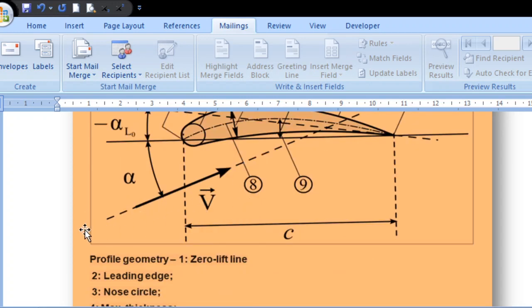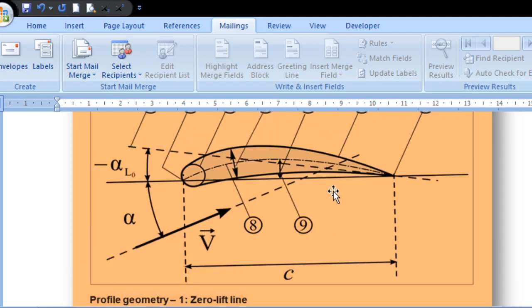Then, for example, let us say our incident flow or attack angle, or from where the water is coming, is in this dark black color line. So when this is attacking, the flow will be divided. Some will pass from the top, some will pass from the bottom, and if you apply Bernoulli's principle, velocity in one section will be more and velocity in the other section will be less.